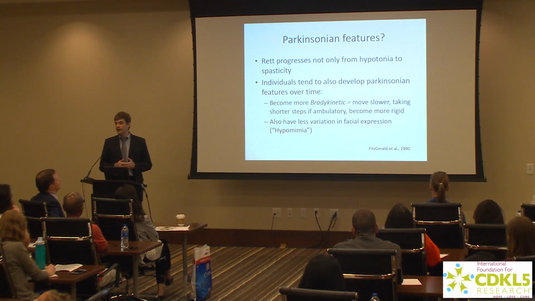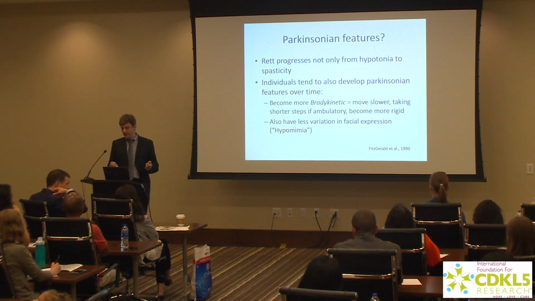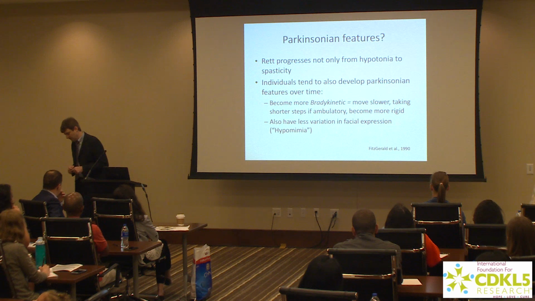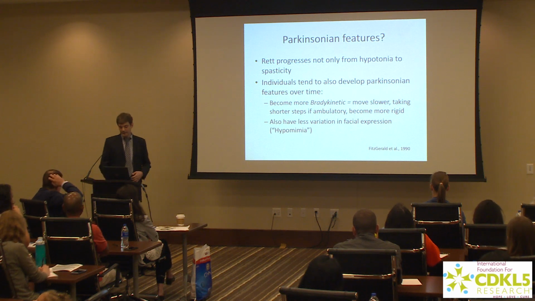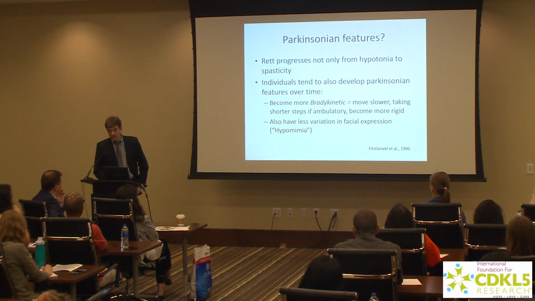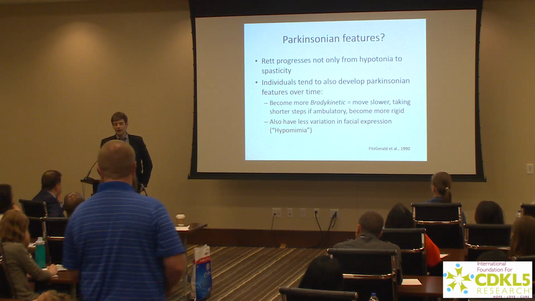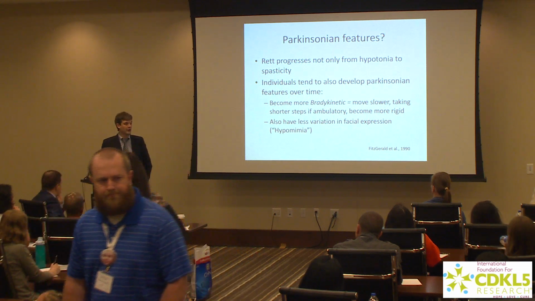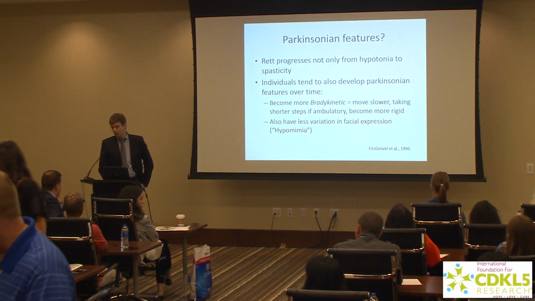They become much slower in their movements. Their gait becomes altered. They take very short, little steps. They become overall more rigid, and their facial expressions become much less varied, which has profound implications on communication with the parents.